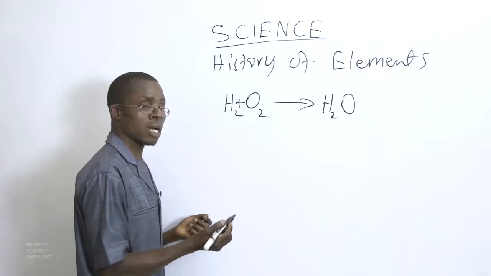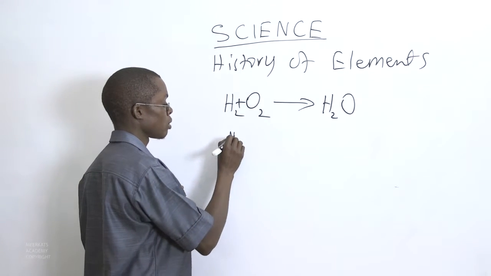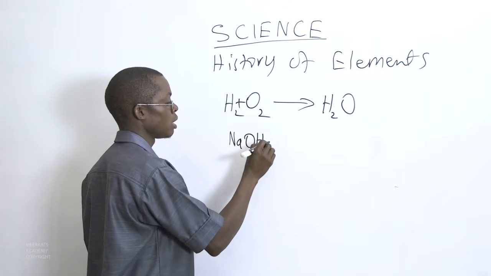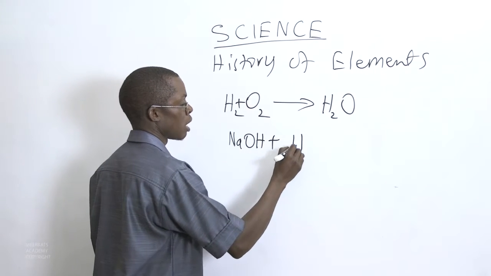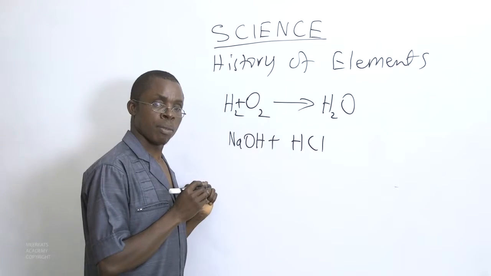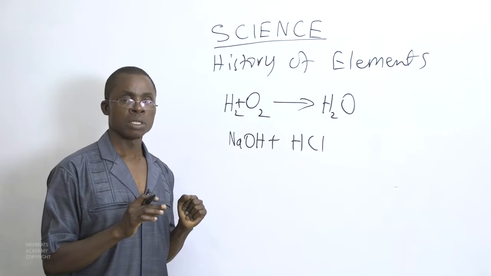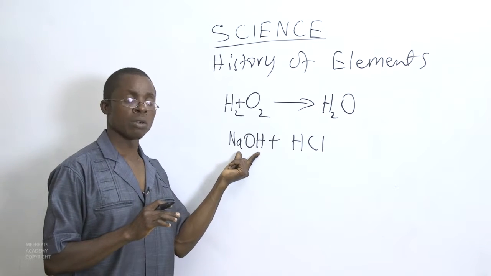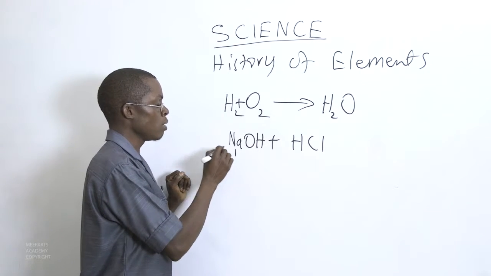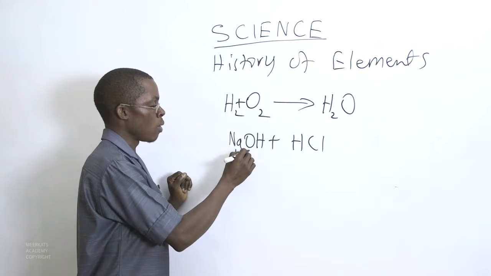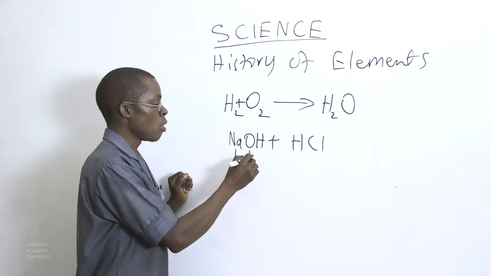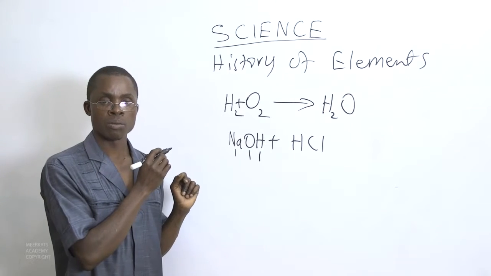You have an alkaline solution like sodium hydroxide reacting with the hydrochloric acid. Let's look at the grouping of the atoms. The grouping here, you can see we have one sodium atom, one oxygen atom, one hydrogen atom.